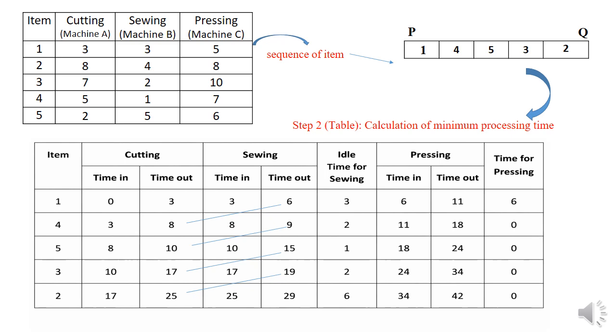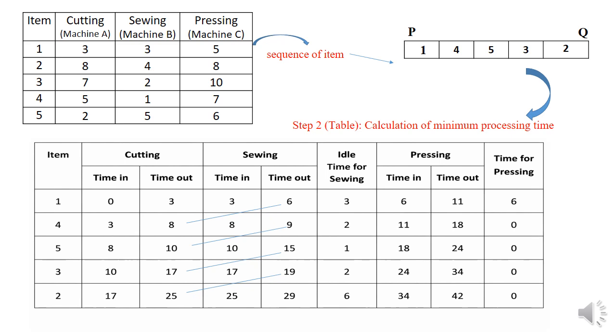Same things we can apply here. That means because pressing machine was free in 11 hours, the time out of pressing machine is 18. That means time in plus processing time of item 4 in pressing machine. The idle time of pressing machine or waiting time of pressing machine is 0 hours for starting the item.